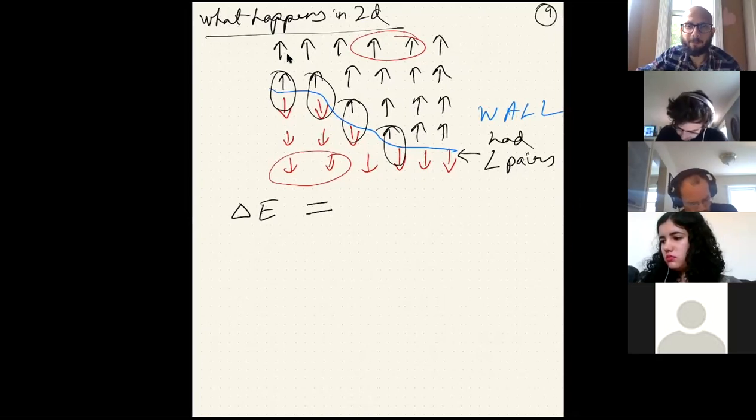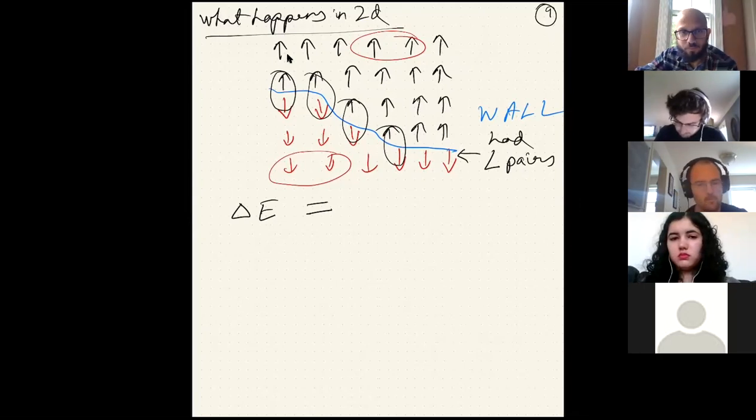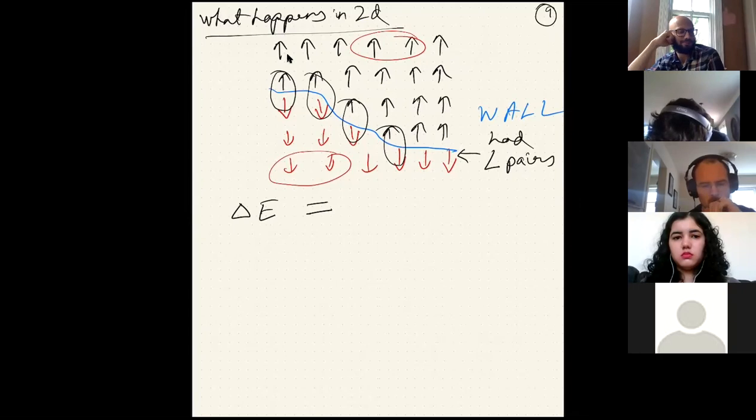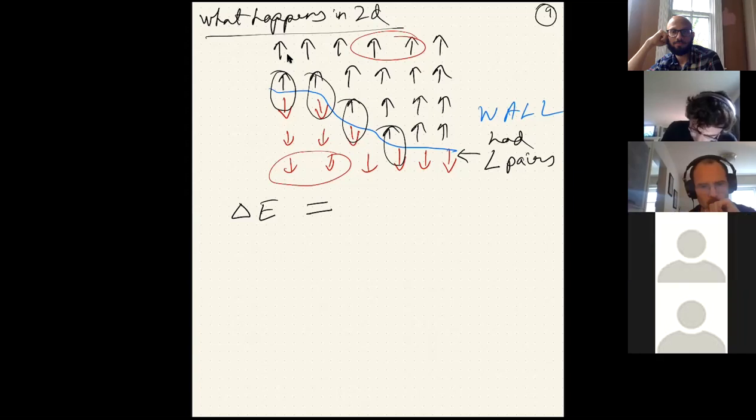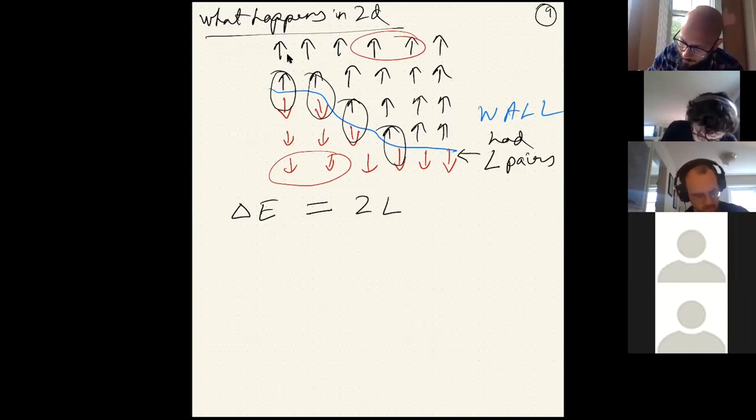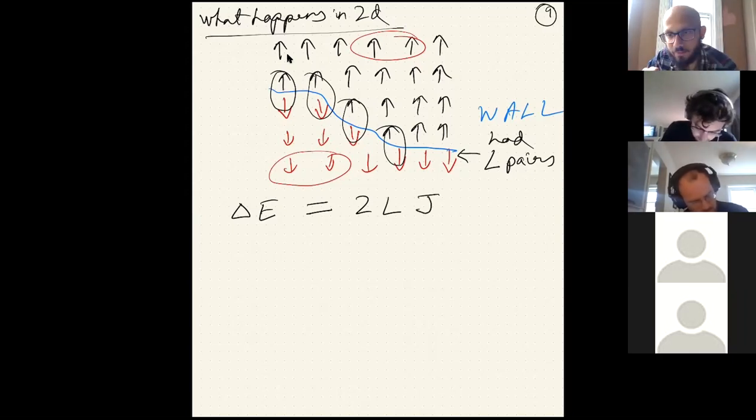Any help? Two L. Yeah, Shokang is correct. 2L or 2LJ? 2LJ, right? So you can already see a difference. This is not 4J, this is 2LJ.